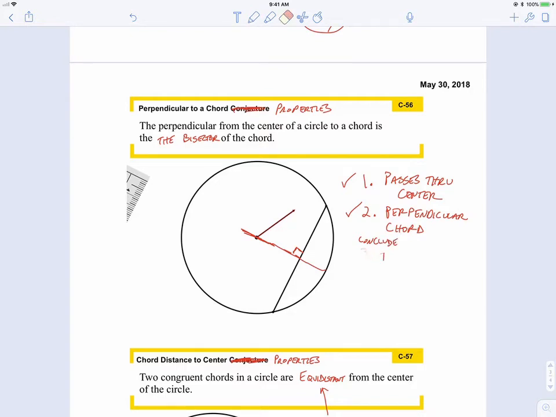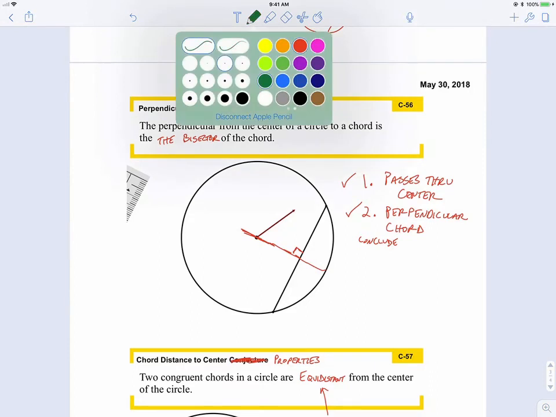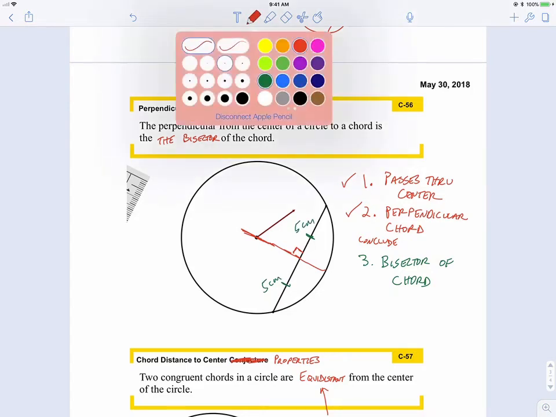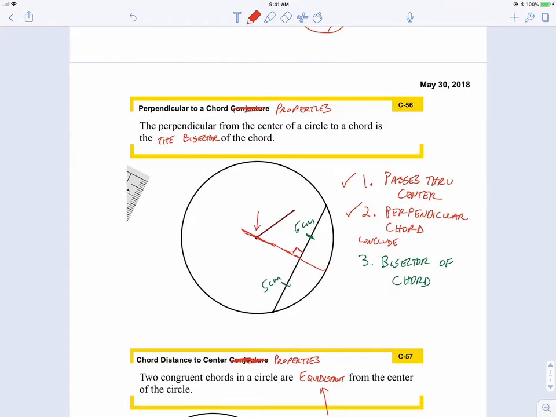I'll do that in green. Then I conclude that it's the bisector of the chord. So I can conclude that those two segments are congruent. If that's 5 centimeters, then that's 5 centimeters. If the first two conditions are met, you can tell by inspection that it passes through the center just by looking at it.